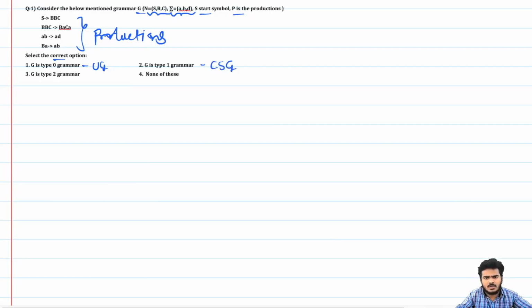That is not a part of the GATE syllabus. Previously I discussed the type 2 grammar, that is the context free grammar. We have seen that a context free grammar generates the context free languages, and these context free languages will be accepted by a PDA. And the last option says none of these, none of the above, meaning options 1, 2, 3 are not correct.